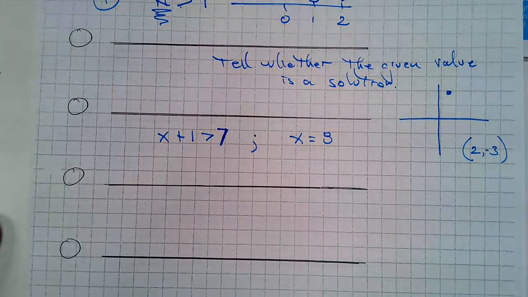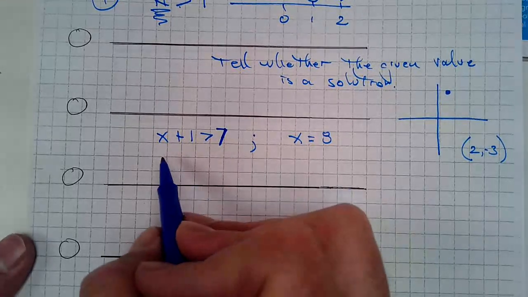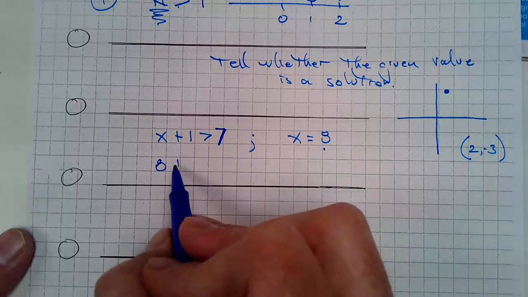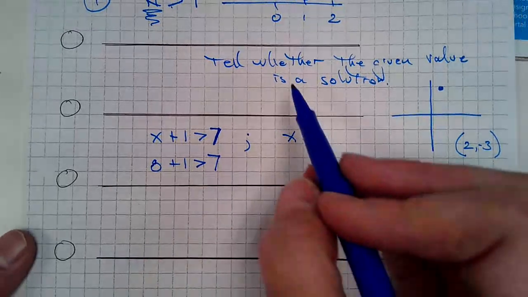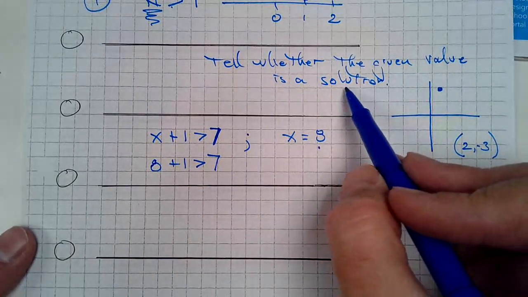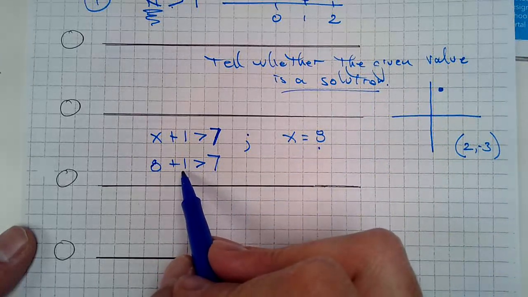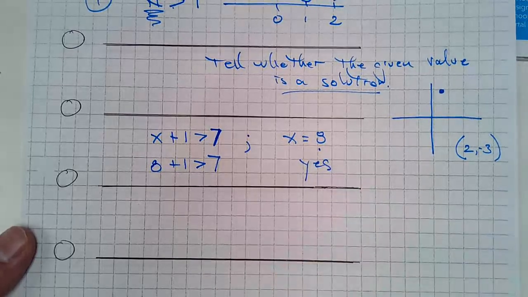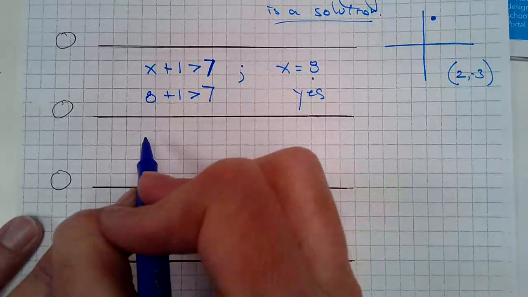All you do is what you did a week and a half ago. Plug in 8 for x. So I'll write down 8 plus 1 is greater than 7. They're asking if it's a solution. Well, 8 plus 1 is what? 9. Is 9 greater than 7? Yes. It's a solution.